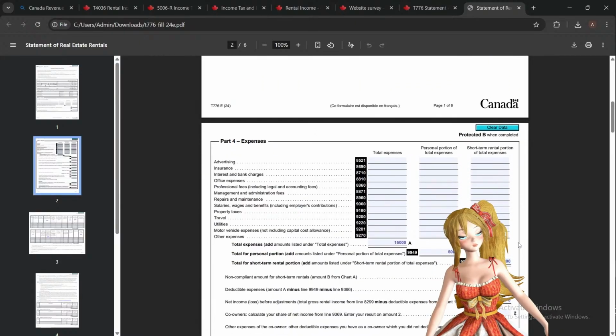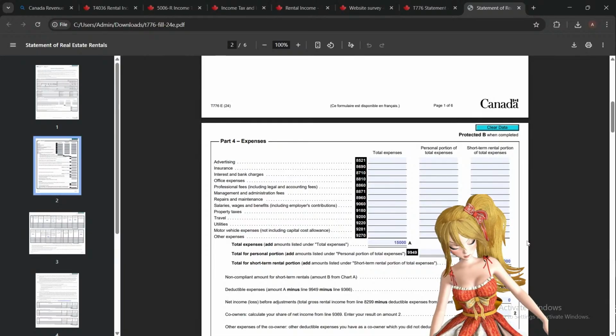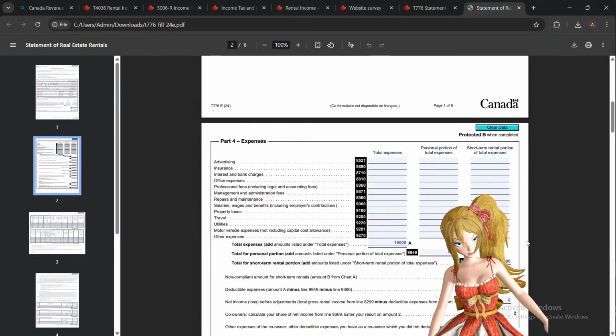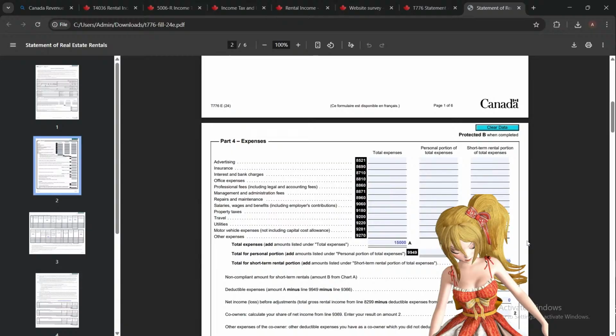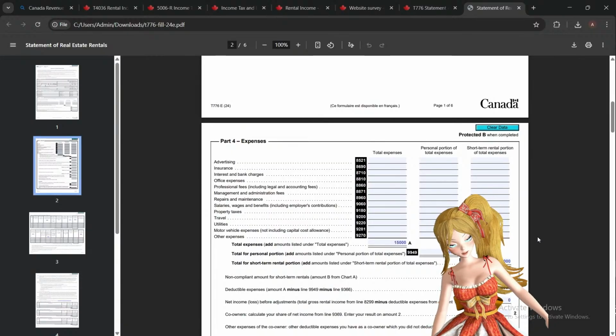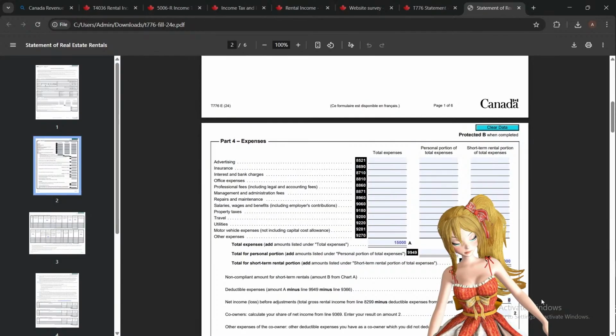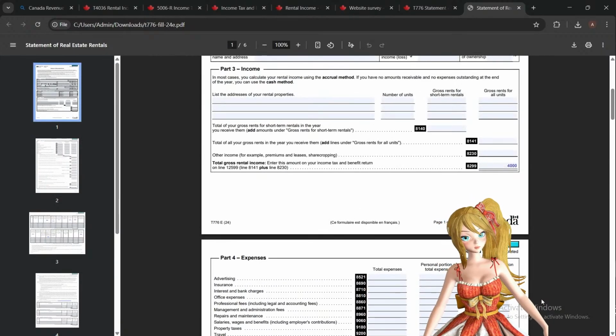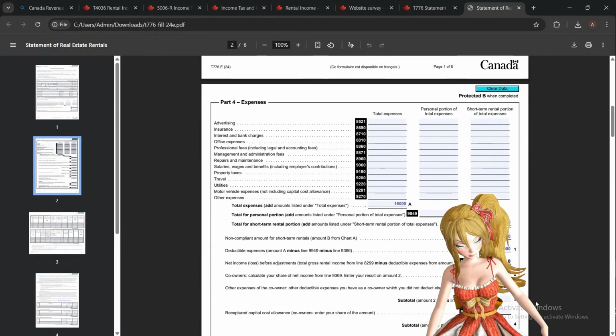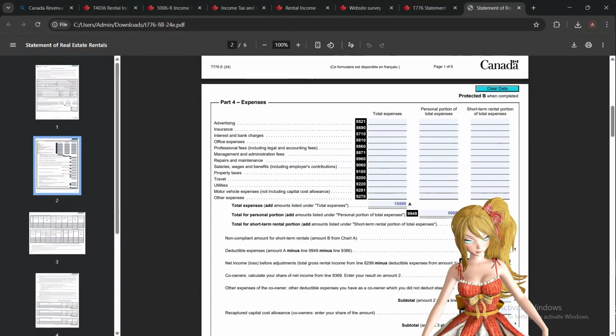Then my deductible would be total expenses, 15,000 minus personal amount, 5,000 minus the amount they owe. So 4,000. And my net income would be total income minus 4,000. It's zero. Why is it zero though?